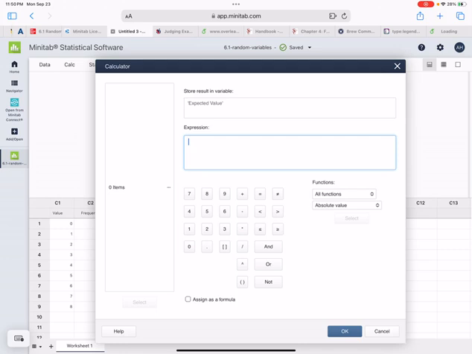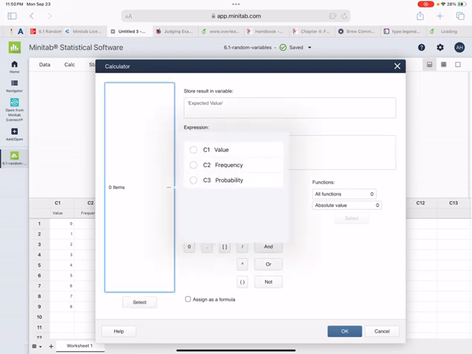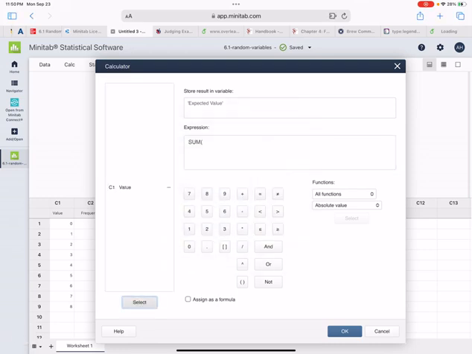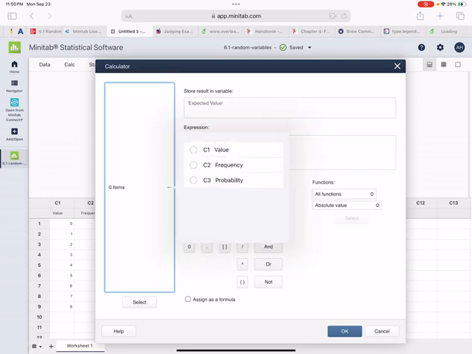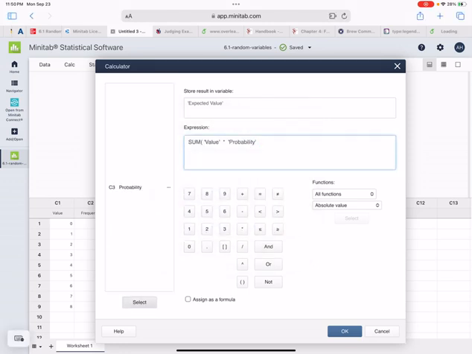It's just the expected value formula. So we're going to do sum, parentheses, just the value times the probability. I lied, the value times the probability. That should give it to us.